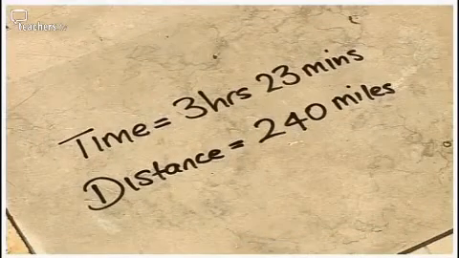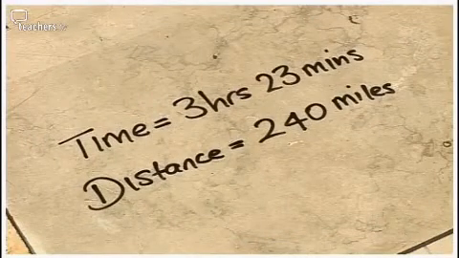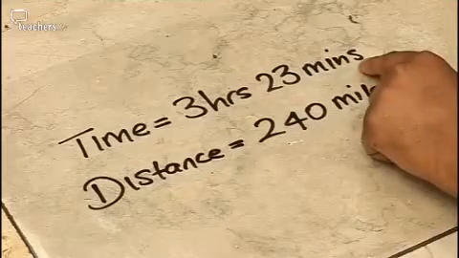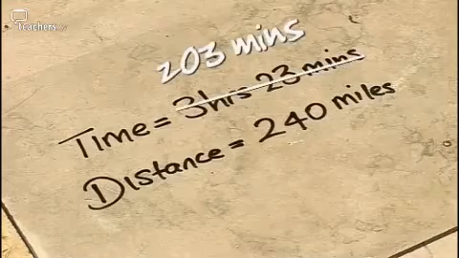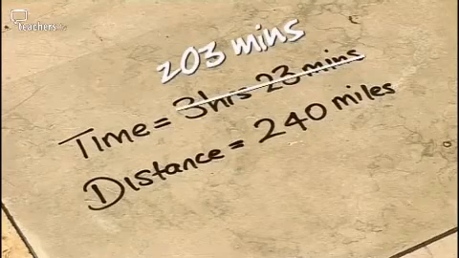We need to convert 3 hours, 23 minutes all into minutes. We know that 1 hour is equal to 60 minutes, so 3 hours is equal to 180 minutes plus the 23 minutes, and that gives us a total of 203 minutes. So now we can work out the average speed.